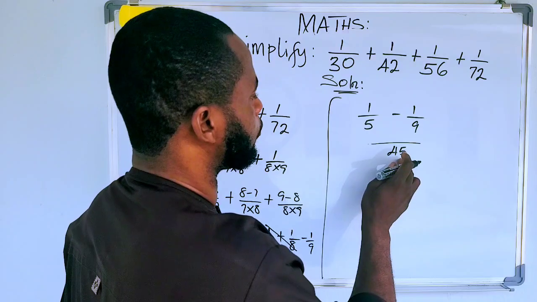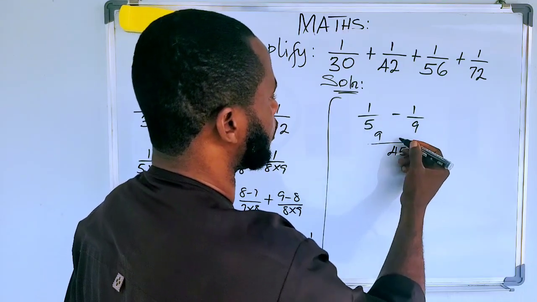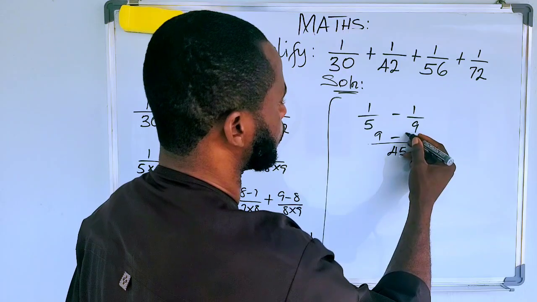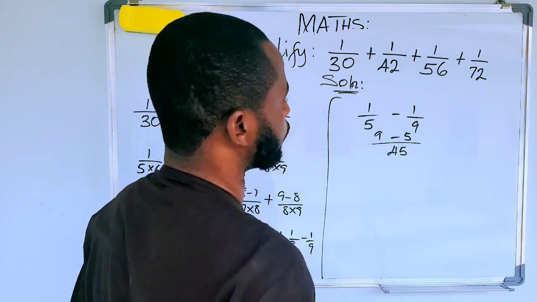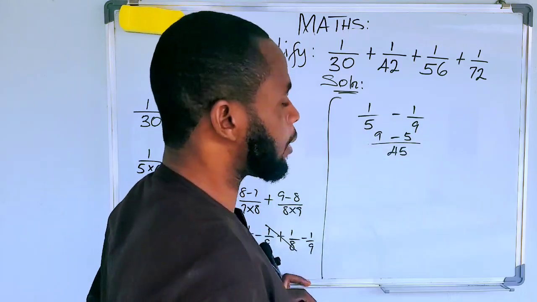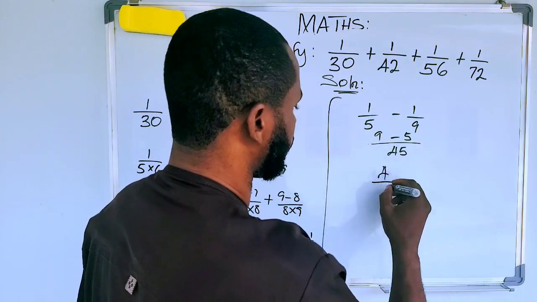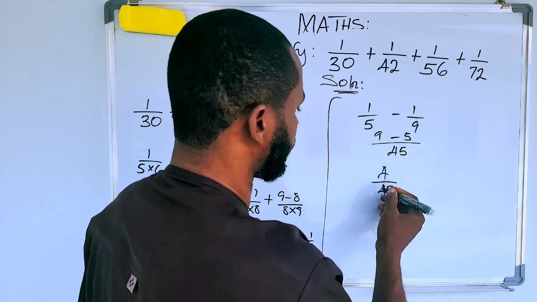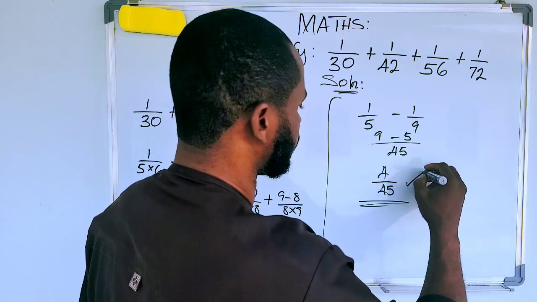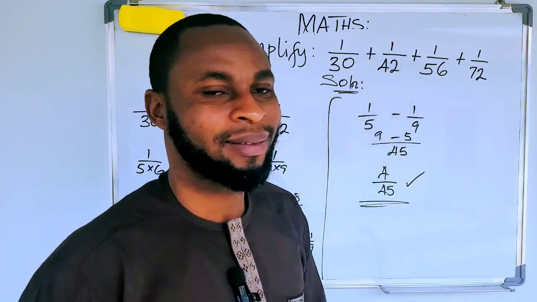Then 5 into 45 gives us 9, and 9 into 45 gives us 5. Therefore, we have 9 minus 5, that will give us 4 divided by 45. And this is the simplified form of this expression here.